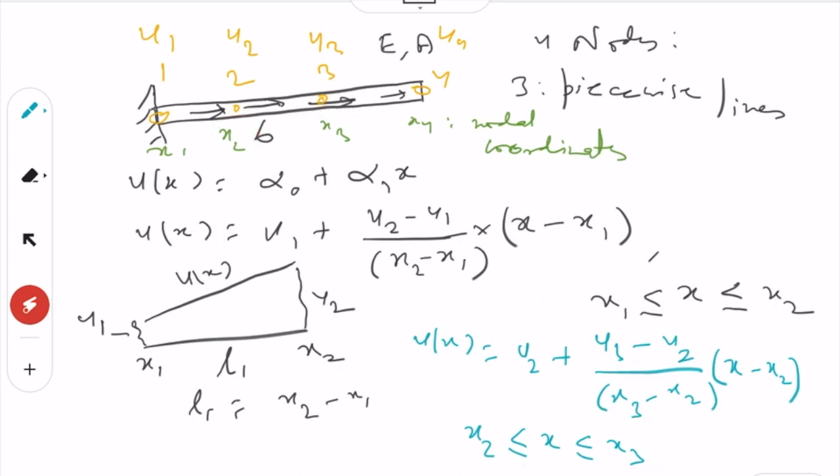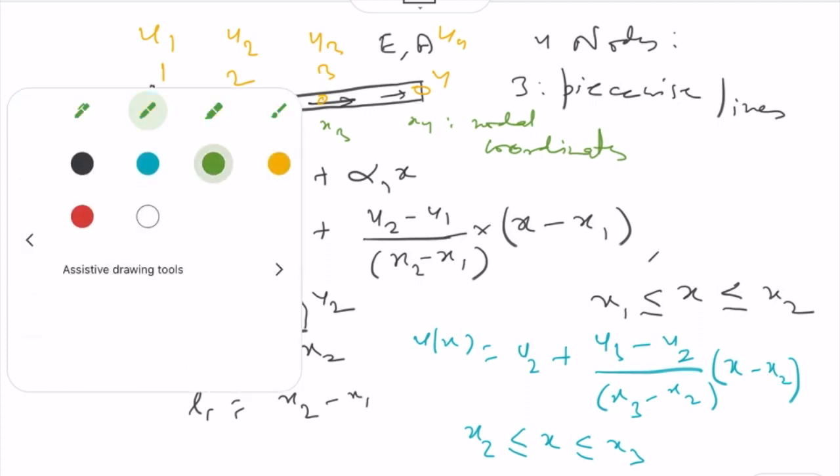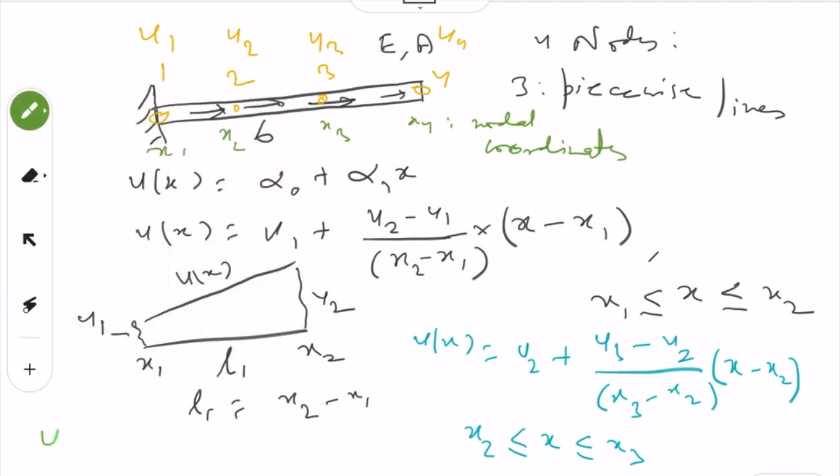You will see if x equal to x2, you put x2 here, x2 and x2 cancel, this becomes 0 and hence the whole thing becomes 0, so you have u2. So if you see u from both, u(x2) is equal to u2 from both.